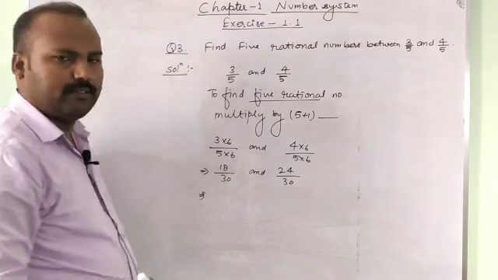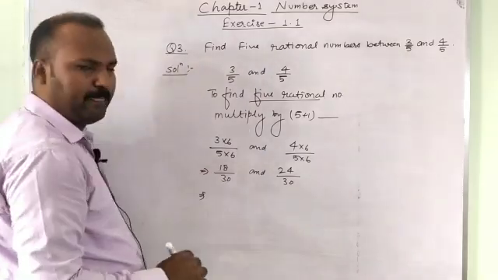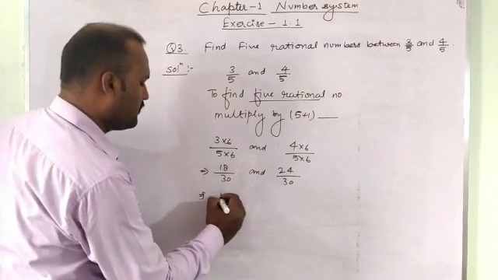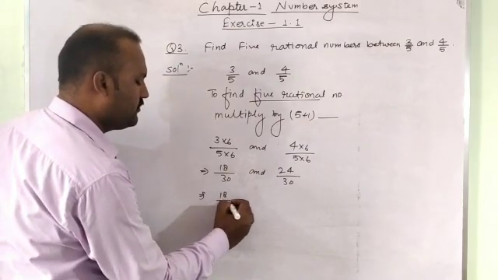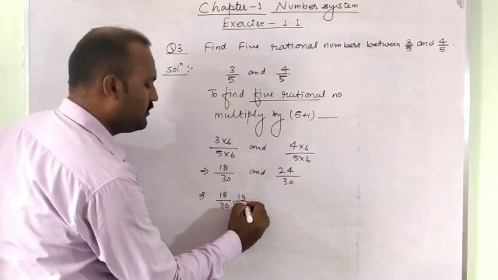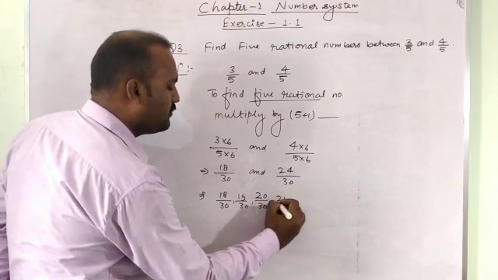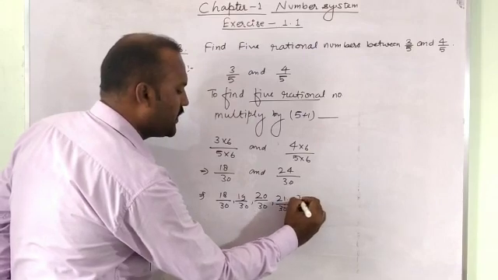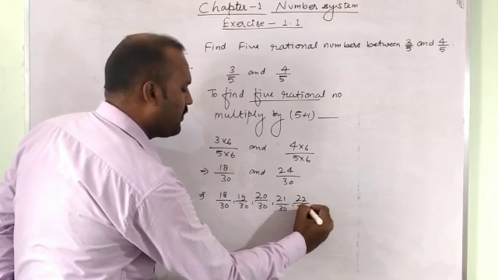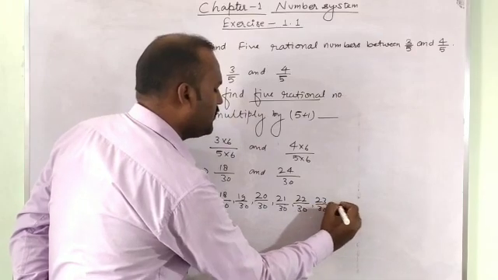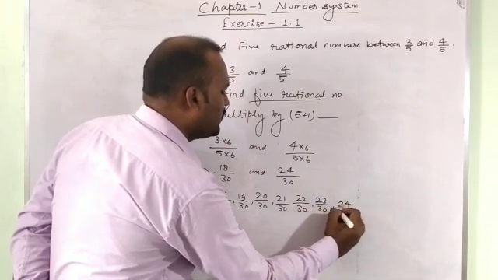After 18, write all the numbers up to 24 like this: 18 upon 30, 19 upon 30, 20 upon 30, 21 upon 30, 22 upon 30, and 23 upon 30. The last number will be 24 upon 30.